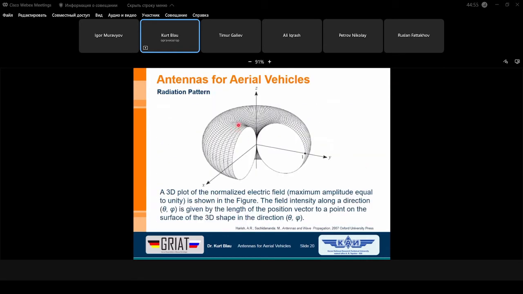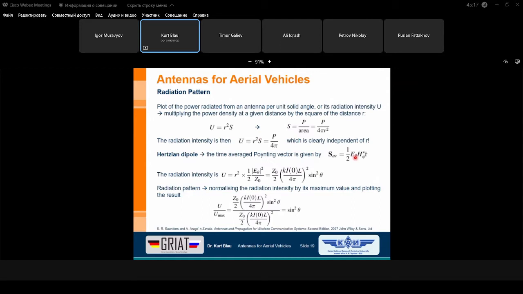Imagine we have measured all these points where the lines are crossing. It's clear it's several hundreds or several thousands of measurement points, and in this way we can determine the radiation behavior of a dipole. But in case of a dipole, this is a very large effort, so we can do it a little bit easier by thinking about what happens regarding the field distribution based on mathematical expressions.